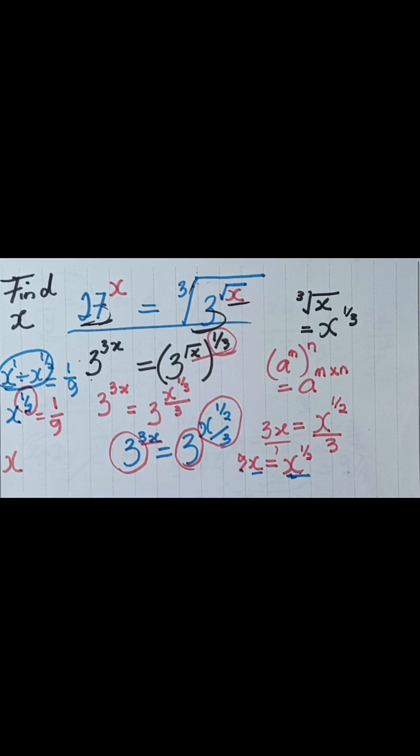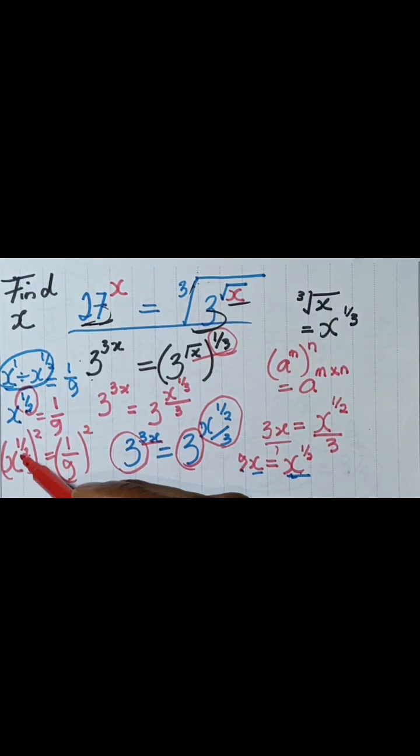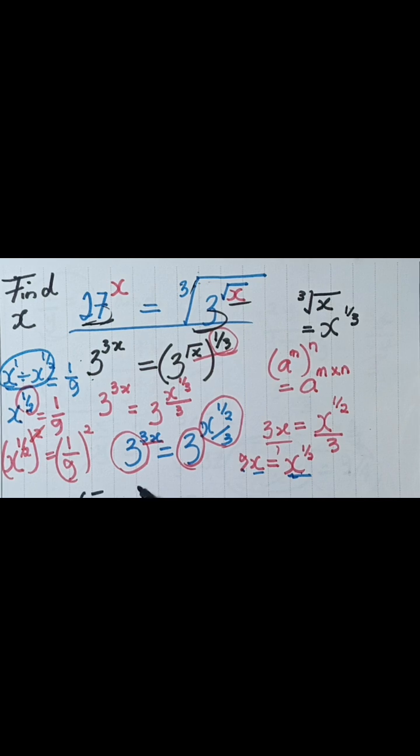So x raised to the power of 1 upon 2, I square both sides to equal to 1 upon 9, squaring both sides. So that at the end of the day, this eliminates this order, and I'm left with what? X to be equal to 1 upon 81. Does this make sense to us, friends? Very good.